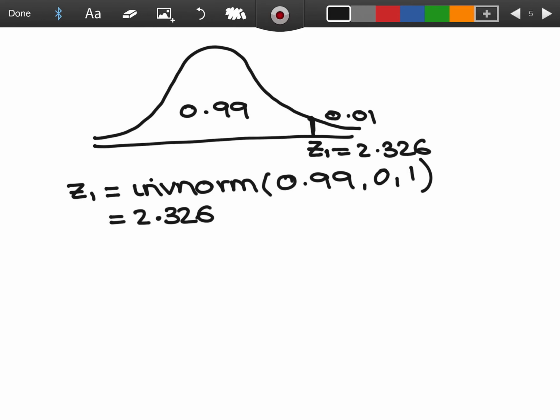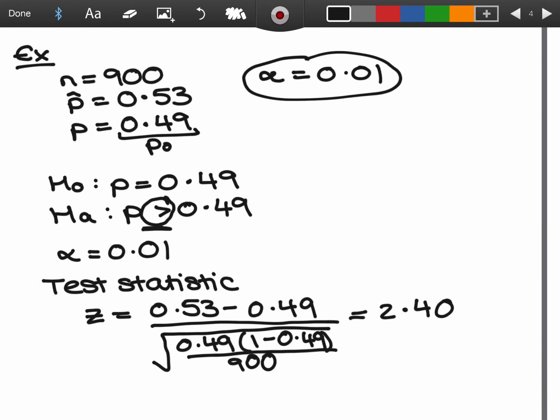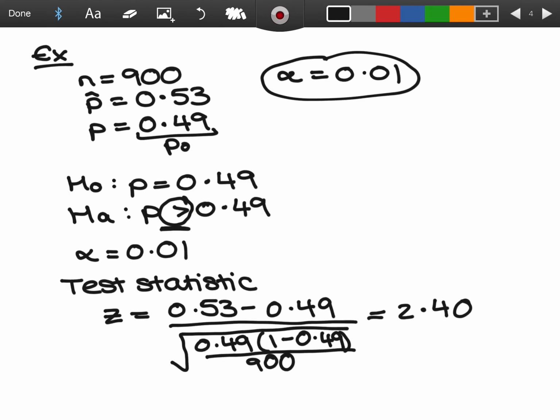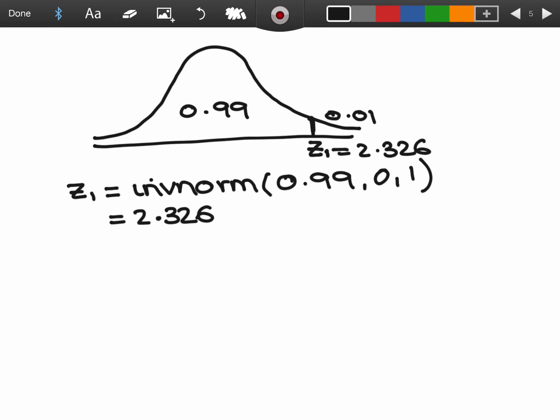Now what I want to see is where my test statistic lies. My test statistic was 2.40. 2.40 is around here. That is where my test statistic was. It is to the right of the critical value, which means it falls in this danger zone. So what does that mean? It means that my test statistic is within that rejection region. It means that I need to reject my null hypothesis.